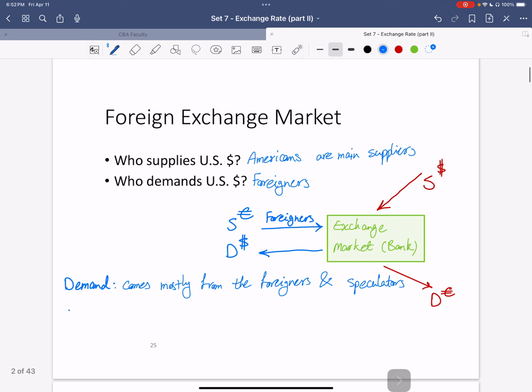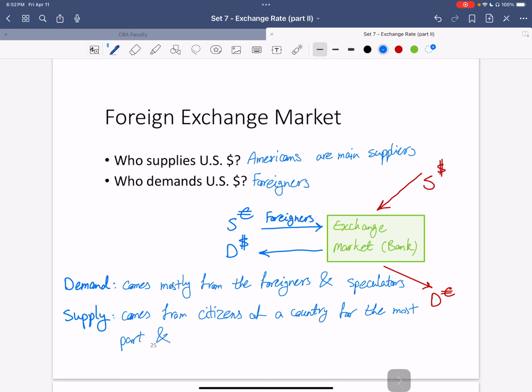And the supply comes from citizens of a country for the most part, and some part of it comes from the speculators of those currencies.